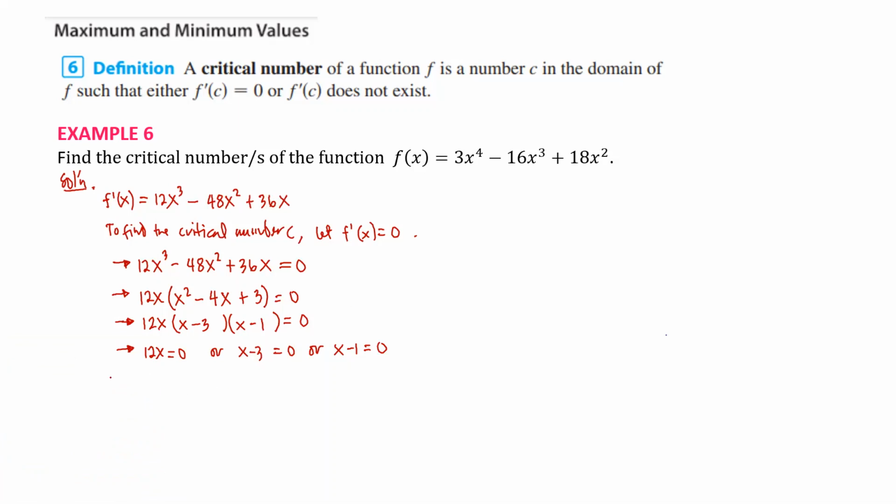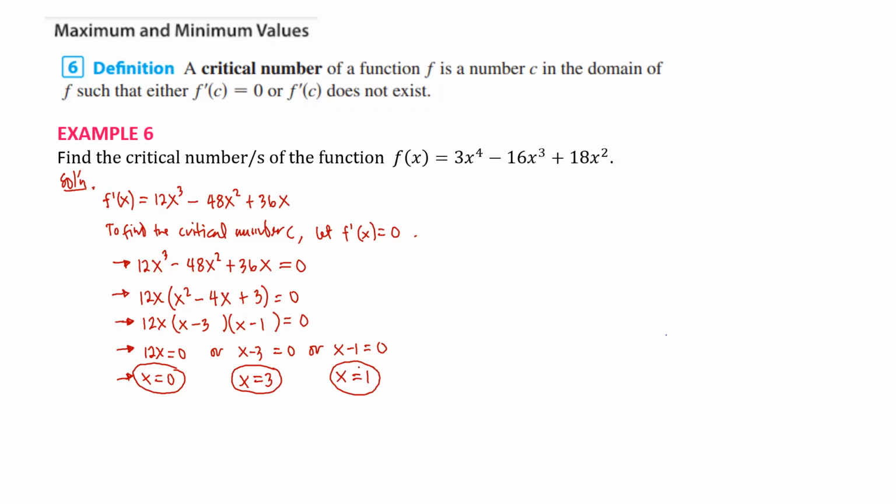So that means you have x equal to 0 upon dividing everything by 12. This one here you have 3, and this one here you have positive 1.